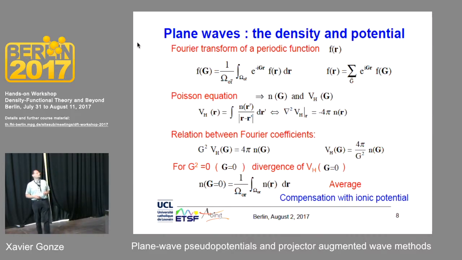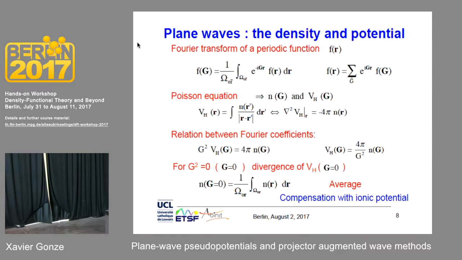But in practice, we always deal with neutral cells because, at the level of a globally neutral system, we have a correct compensation between the electrons and the charged nuclei. But if we go to charged cells, then we have to add by hand a compensating background charge.